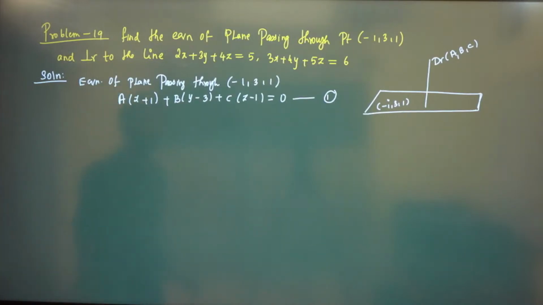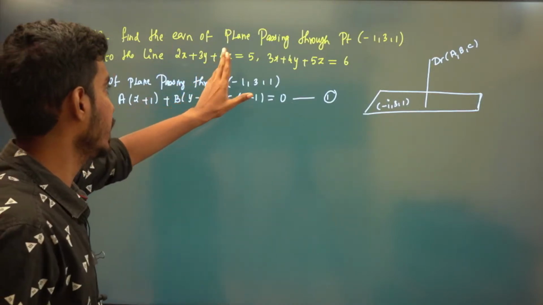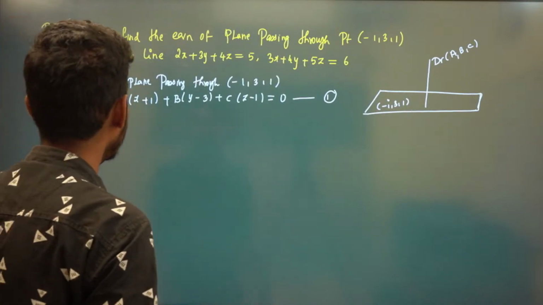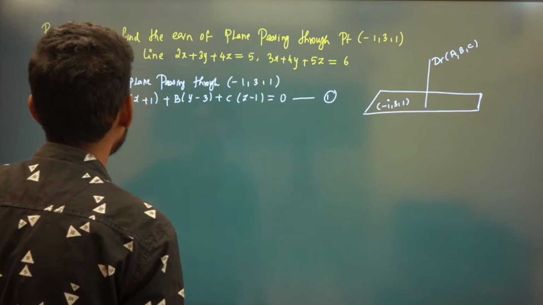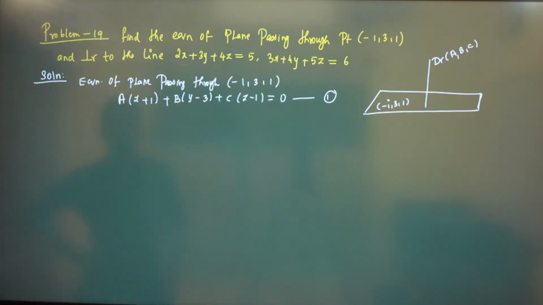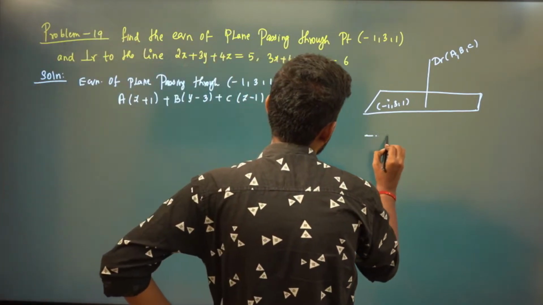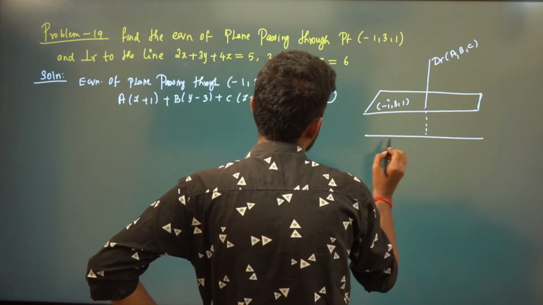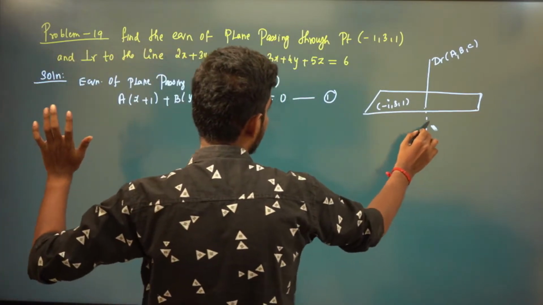Now, very important, right? I'm just going to give you one very important trick here. Find the equation of plane that has to pass through this point, and it has to be perpendicular to the line. So this plane has to be perpendicular to the line, right?